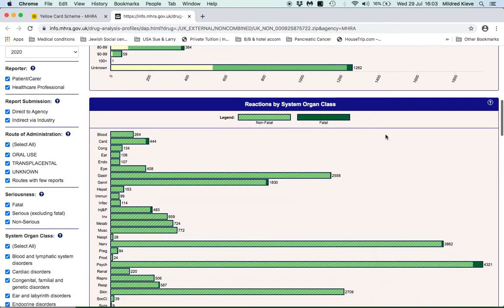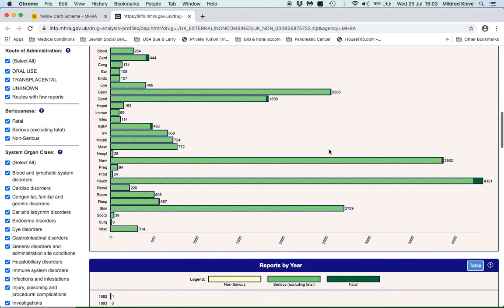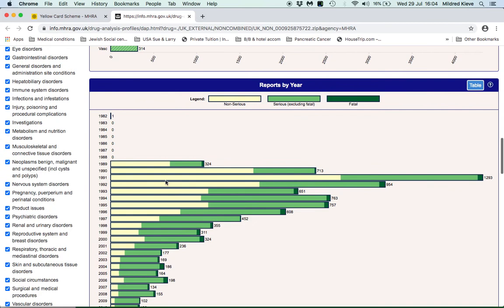And here you've got the reaction by system organ class. So nervous, psychiatric is massive, as you can see here, because down here it's got all the different things with its blood disorders, ear problems, eye problems, gastric problems. So this is another way you can have a look.